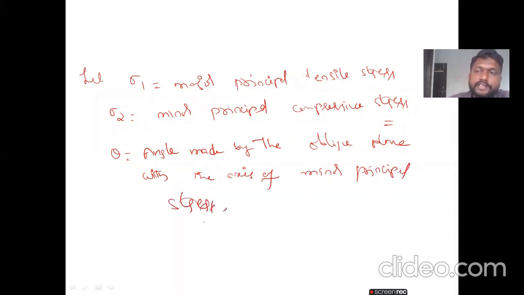So my dear students, if you observe this one, here sigma 1, let us take sigma 1 as the major principal tensile stress and sigma 2 as the minor principal compressive stress, and theta is the angle made by the oblique plane with the axis of minor principal stress.